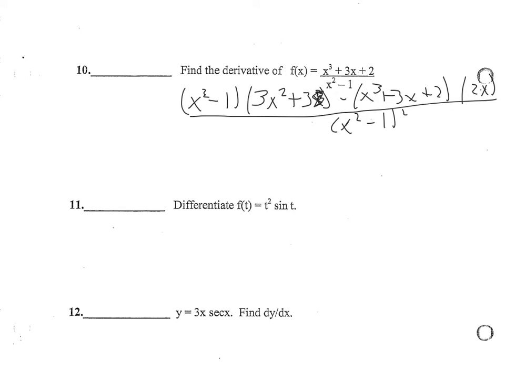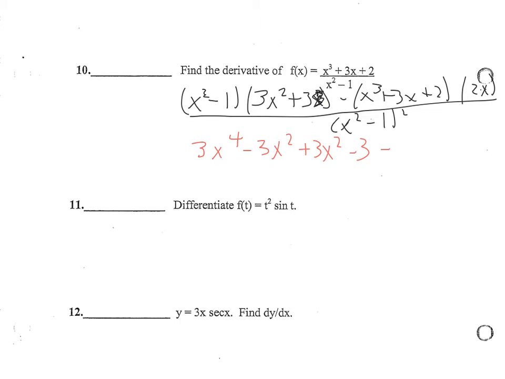Okay, now let's multiply out the top. Okay, x squared times 3x squared should be 3x to the 4th. Okay, let's see, I'll just have it all out. Minus 3x squared plus 3x squared minus 3.